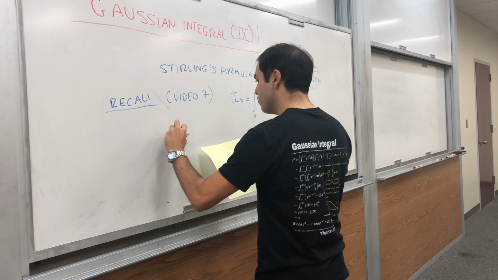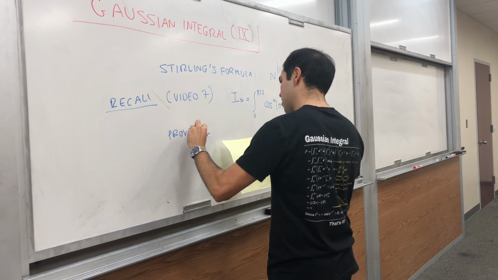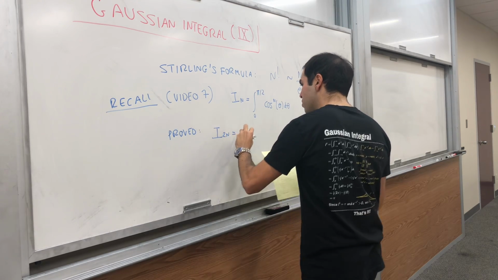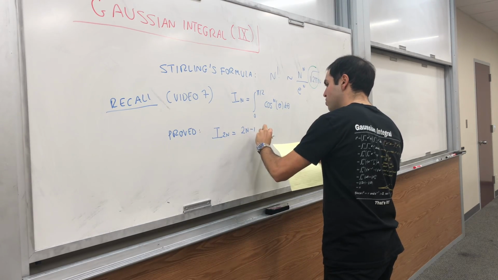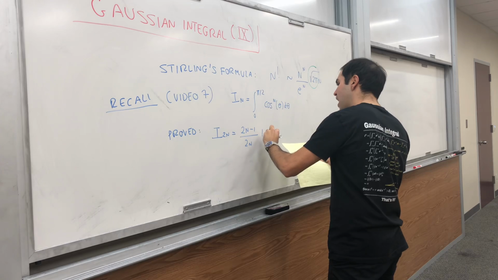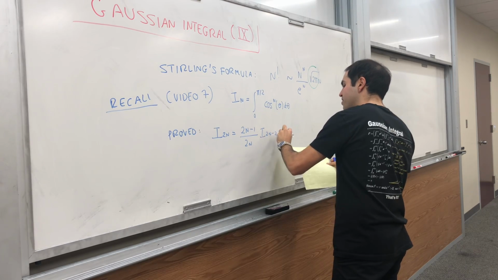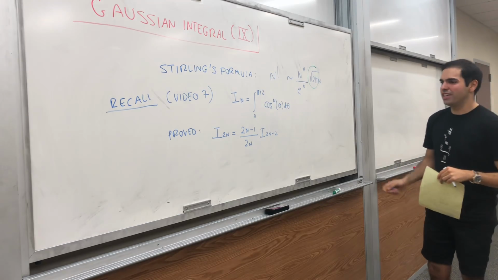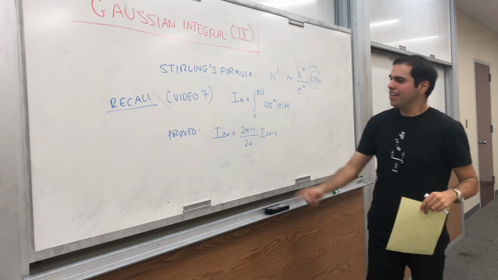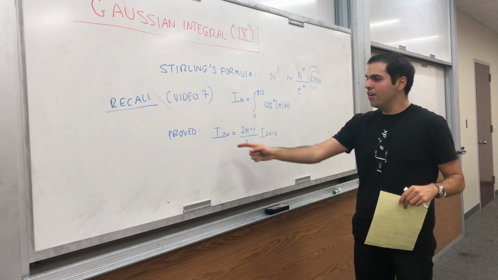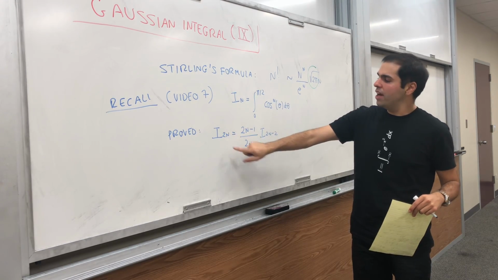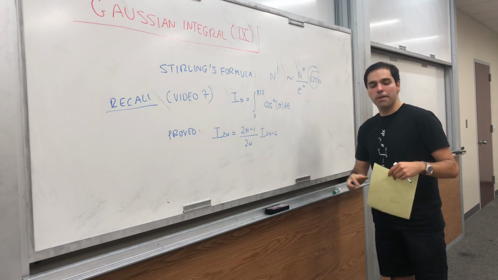So we proved that I of 2n equals 2n minus 1 over 2n times I of 2n minus 2. I think I used some sort of integration by parts for that. And it's nice, it tells you how, at least for even n, I of 2n relates to I two steps before.